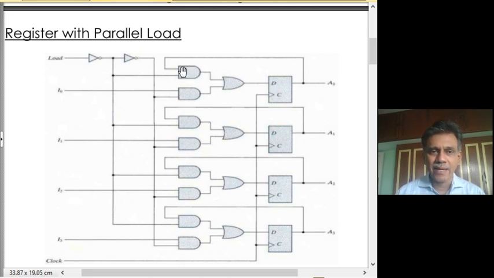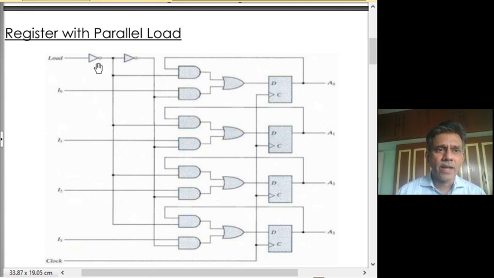We will call this AND gate the top AND gate and this the bottom AND gate. This is replicated for every bit. So there are 4 top AND gates, 1, 2, 3 and 4, and 4 bottom AND gates, 1, 2, 3 and 4.